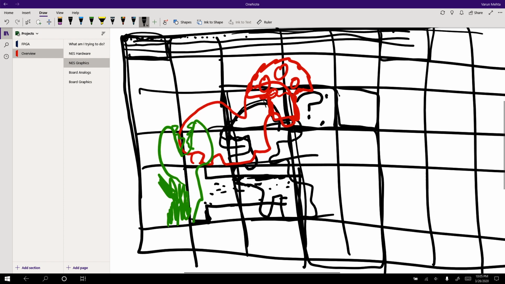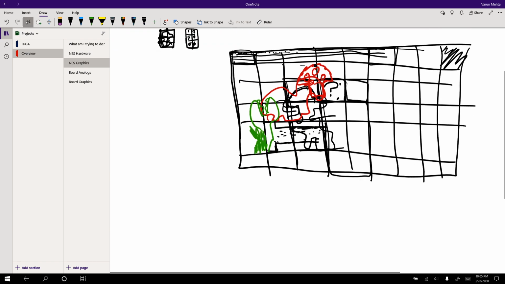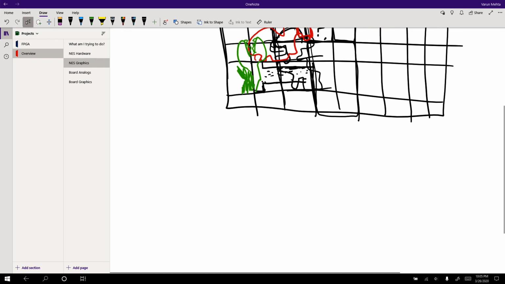But at the same time, the other thing that's happening is you have to figure out if there's a sprite at any of these locations. And if you find a sprite, you've got to say, oh, okay, there's a sprite here. Which sprite is it? What color is that sprite? And now make sure that sprite information shows up instead of any tiles or other sprites that are behind it.